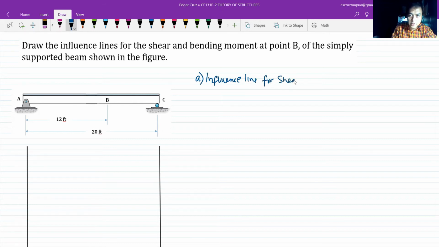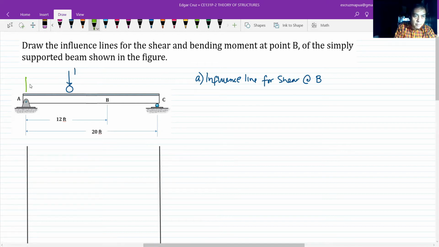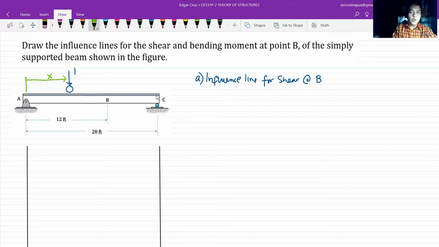Let's start with shear at point B. For this, we will be considering again a unit load, 1, at a distance x measured from point A. Due to that unit load, of course, we will have a reaction at A, RA, and a reaction at C, RC.